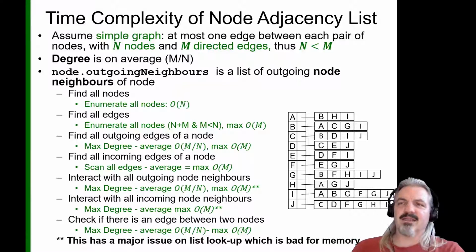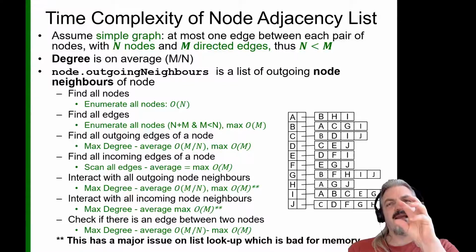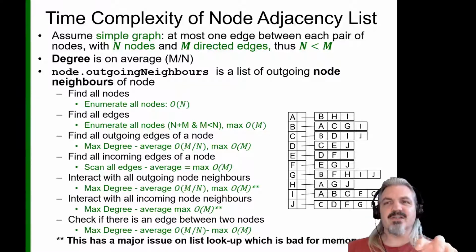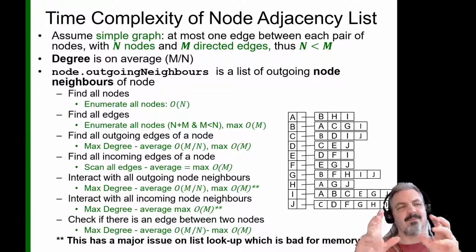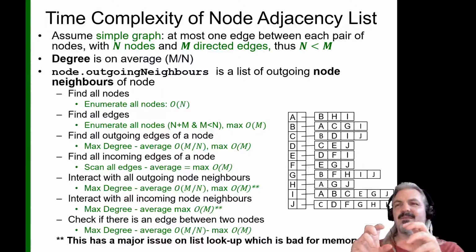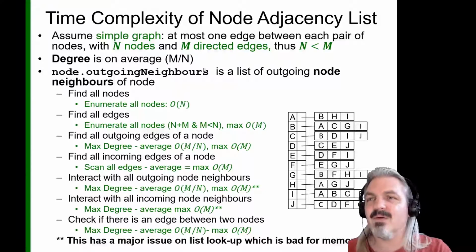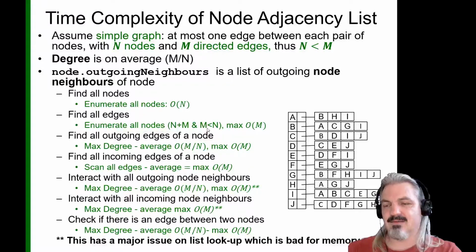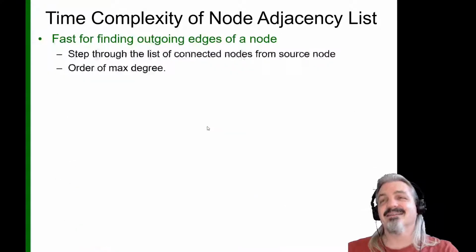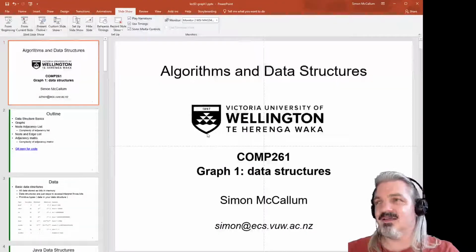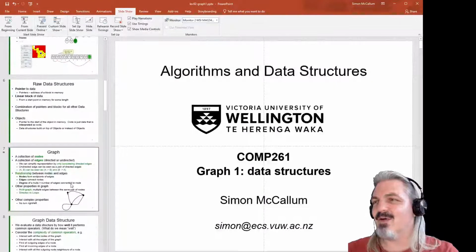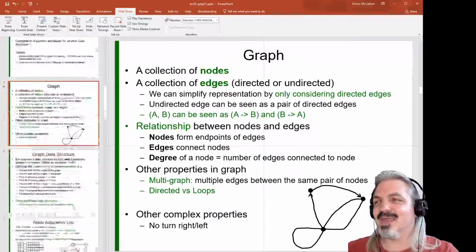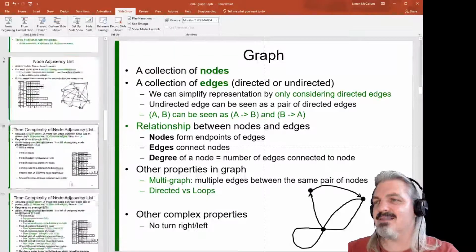If we have a look at enumerating, finding all the edges, we say it's n plus m, but because m is... oh, sorry, that's the wrong way around. I did that wrong. That is my mistake in typing.